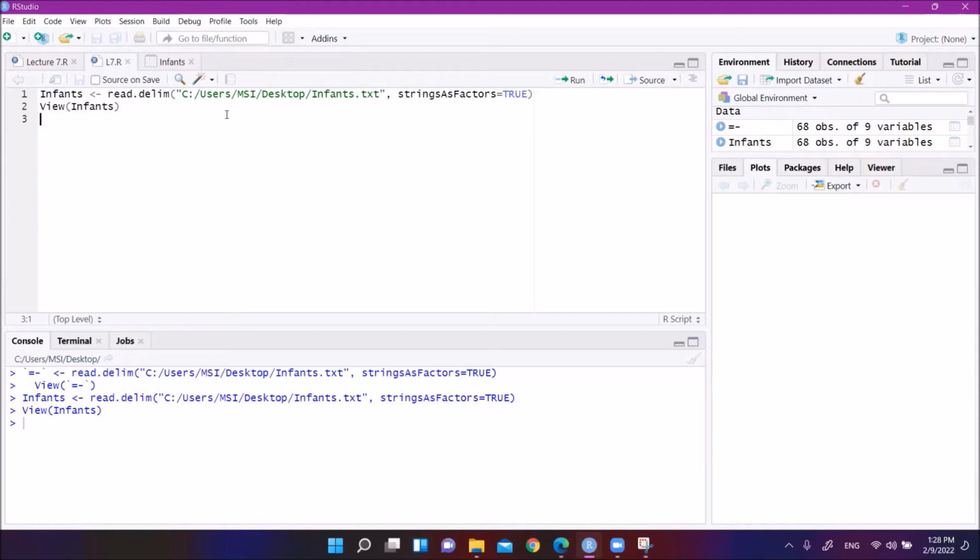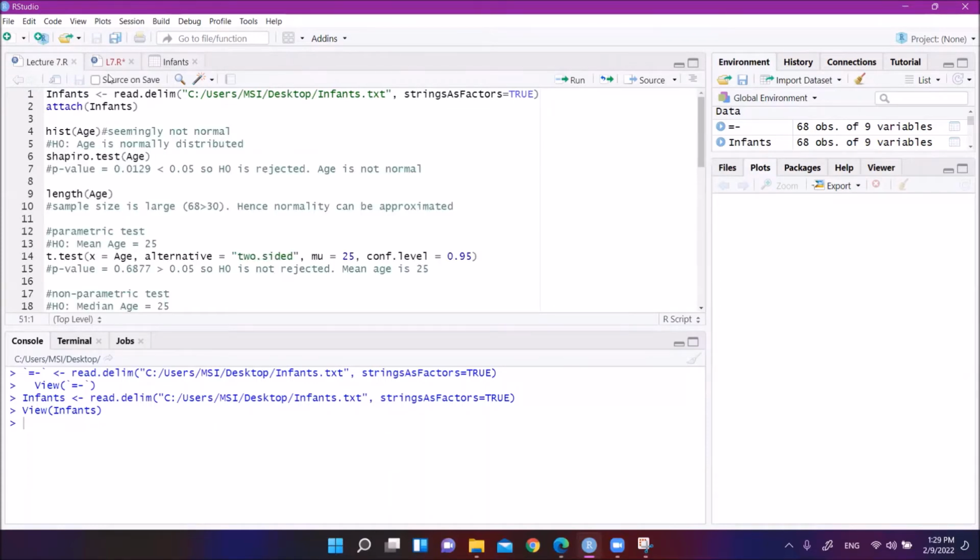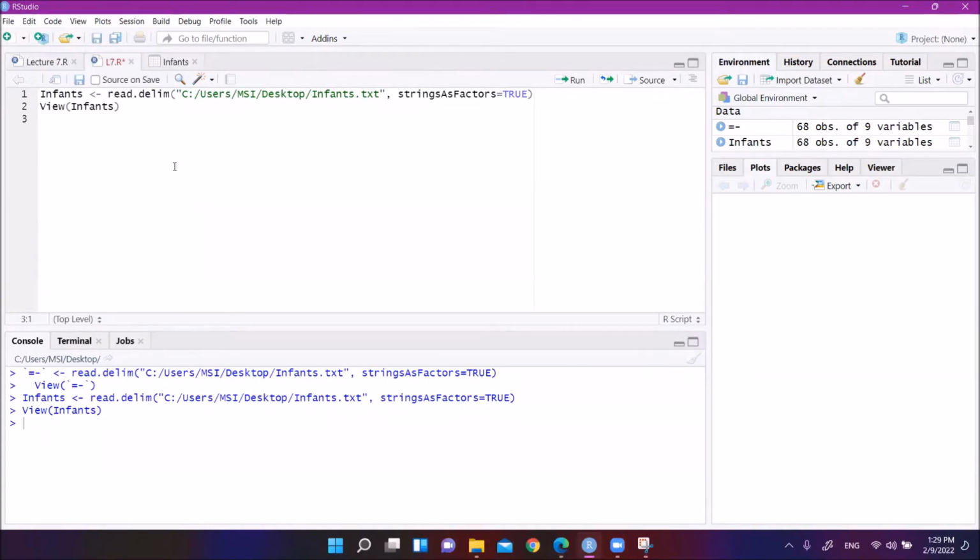I already compiled this code, so it has already been attached.